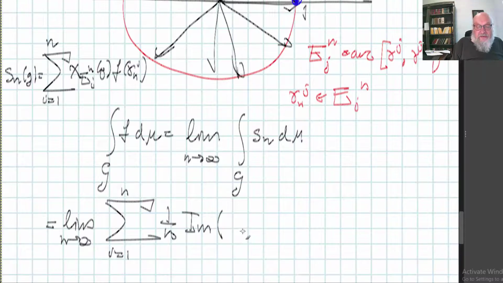What do I get here? This one is equal to, and here is the function.